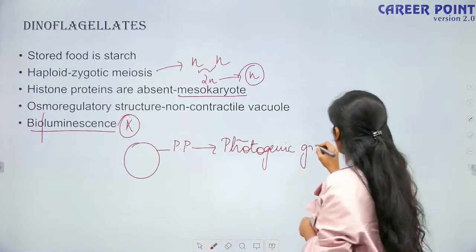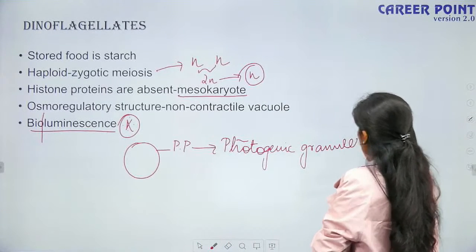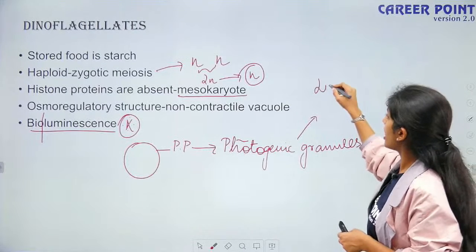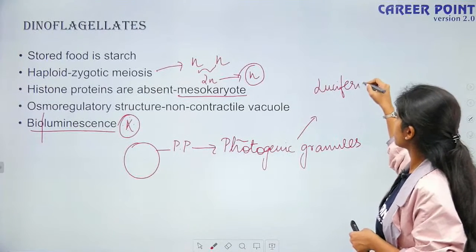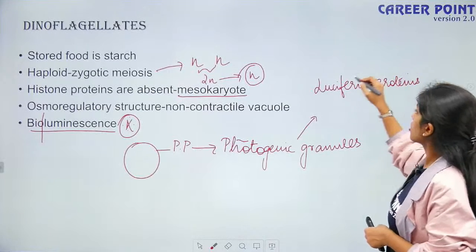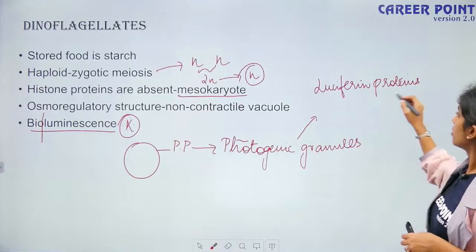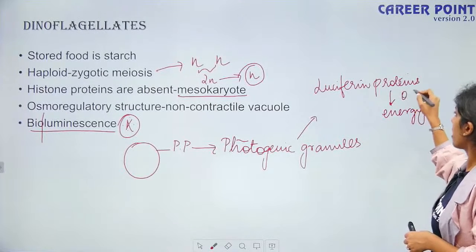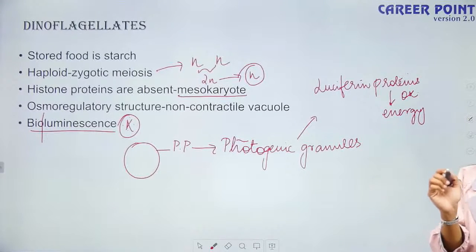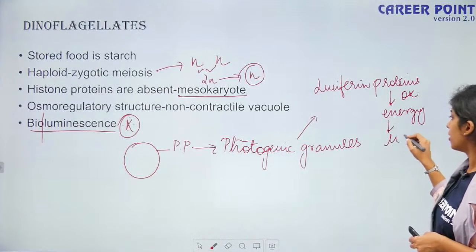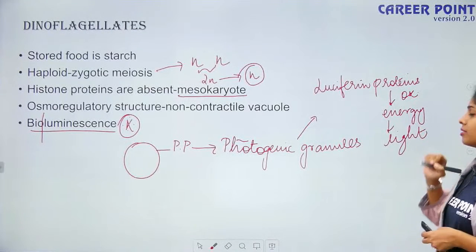These photogenic granules have what are called luciferin proteins. So oxidation of these proteins will produce energy in the form of light at night.